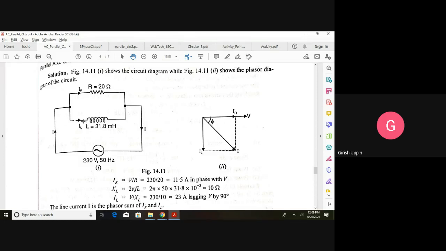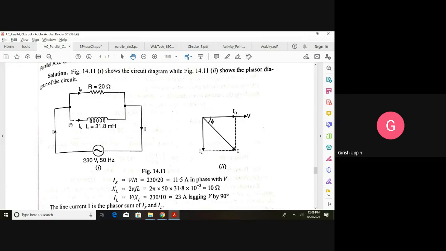Then we have IL here. The current in the inductor, IL, lags the applied voltage by 90 degrees. You can see IL lagging the voltage by 90 degrees. So the phasor sum of IR and IL is nothing but the resulting current.